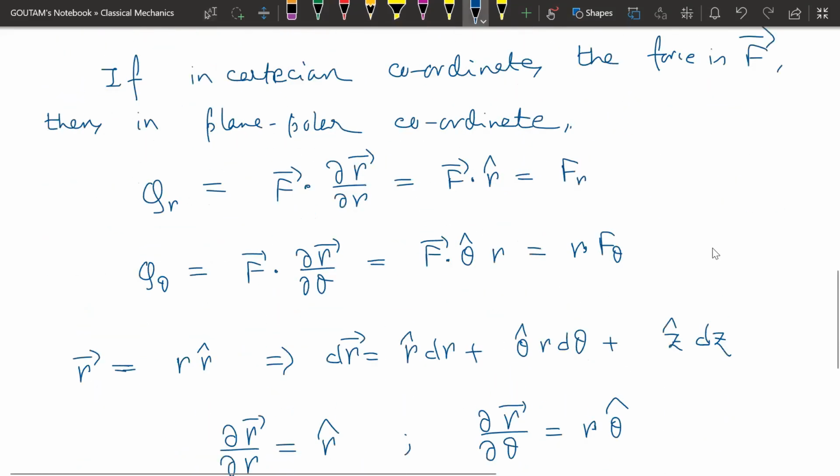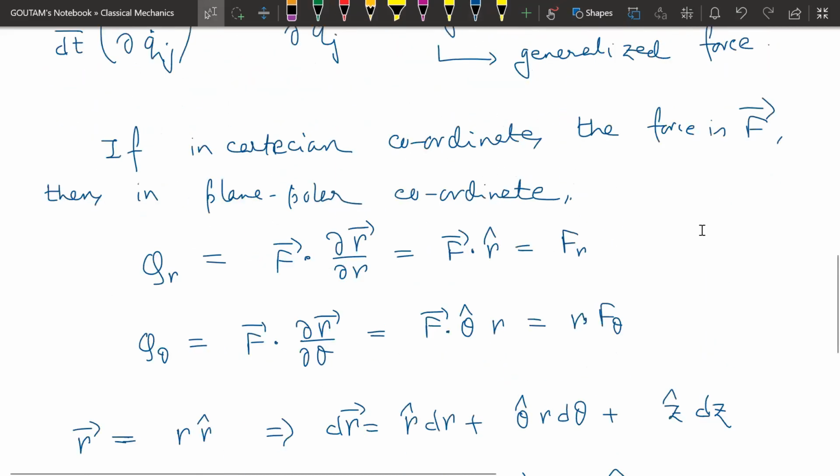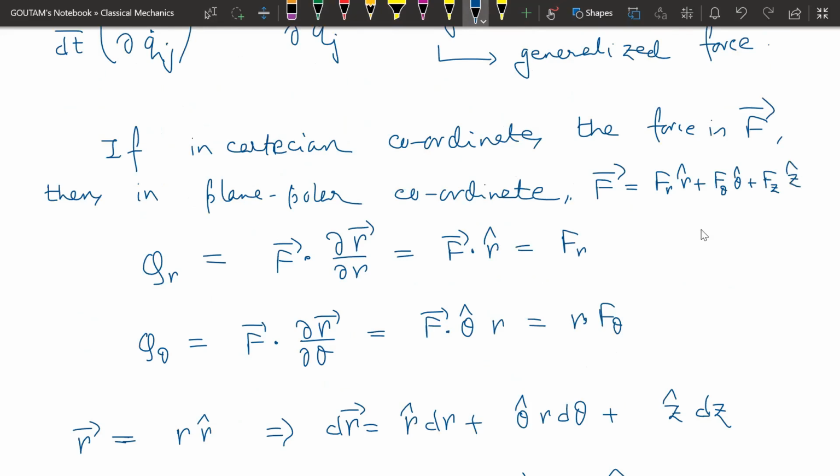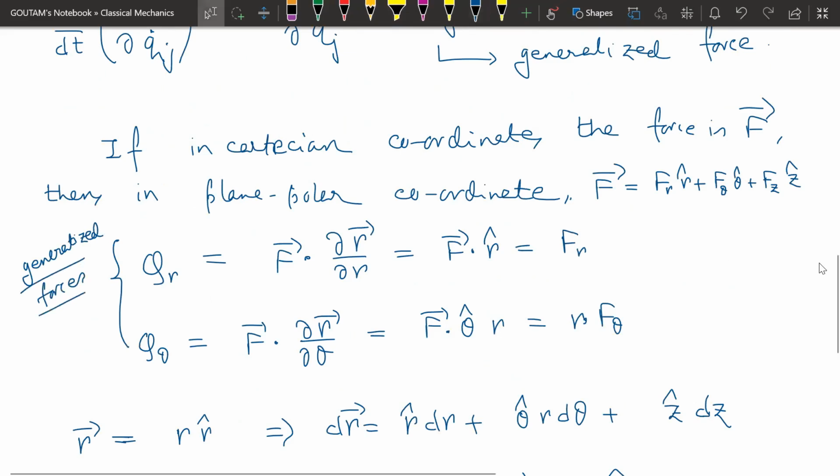If we write the force in plane polar coordinates, the force will be F_r r hat plus F_theta theta hat plus F_z z hat. Okay, so these are the generalized forces.